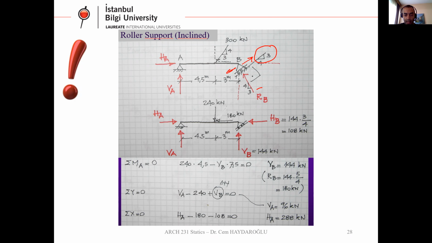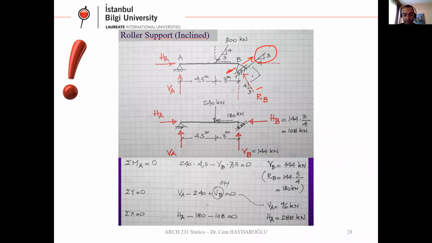You can write total MA equals 0 with these numbers. So here, vertical B is 144 kilonewton. Total Y equals 0. As you can see, for total Y, we have VA, VB, and 240. We know what VB is, 144. So in this equation, you can get VA.